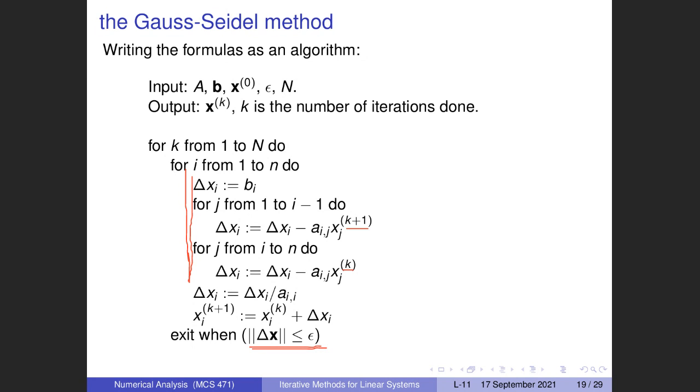Observe also the end points here and the beginning points there, where we are using already the new values in the first loop. So it's still a mathematical algorithm because we are using the superscripts, the k plus 1 here.